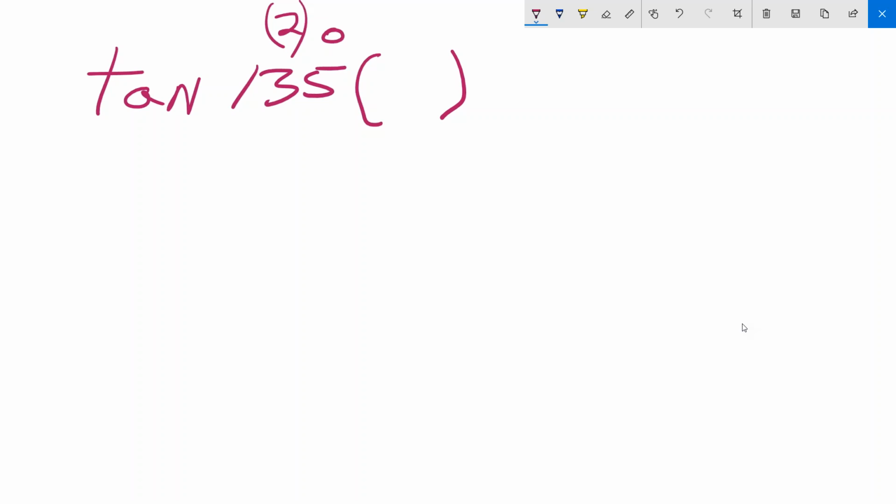Apply the formula, and from the second quadrant, 180 minus this, what is it? Let's stay in degrees. 45 degrees is the reference angle.